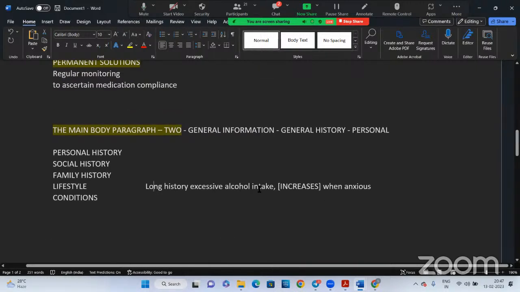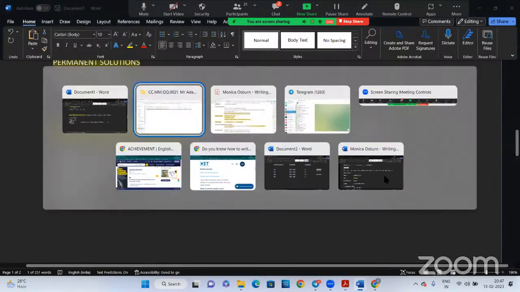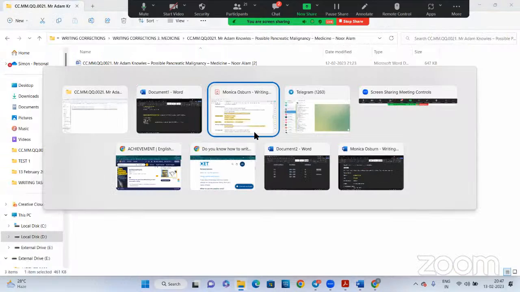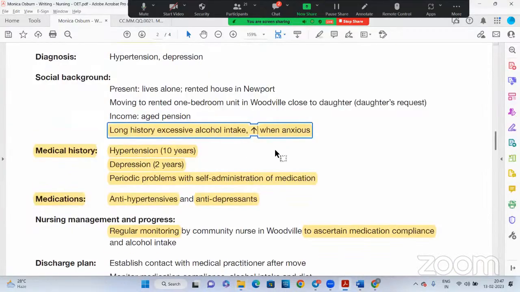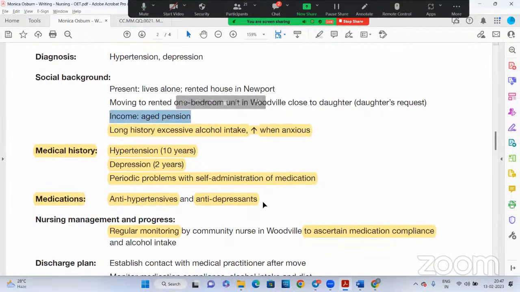So, long history of excessive intake. This is lifestyle. What else is coming? Let us see here. Now she is retired. She is surviving on pension, age pension, old age pension.